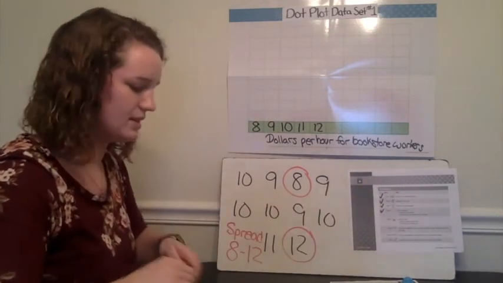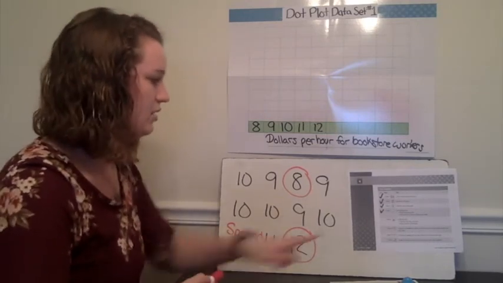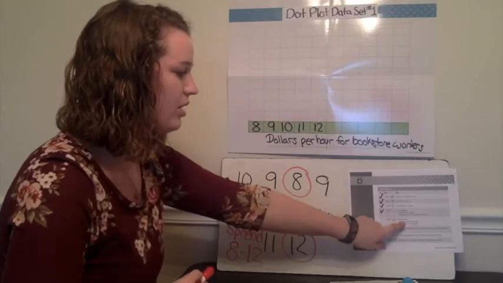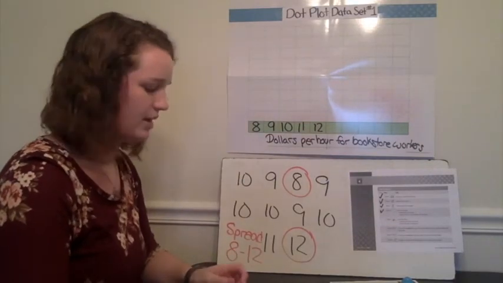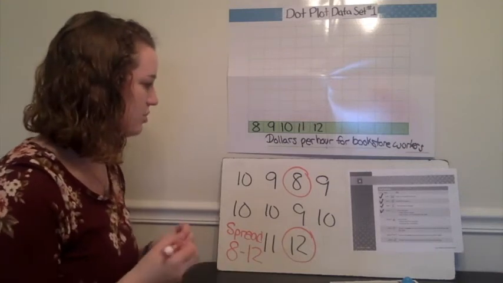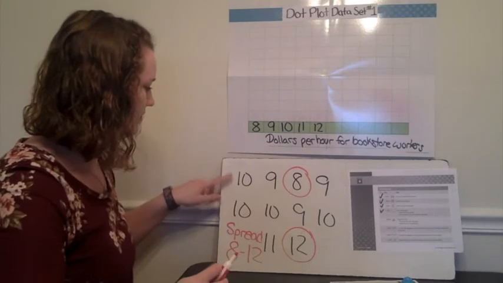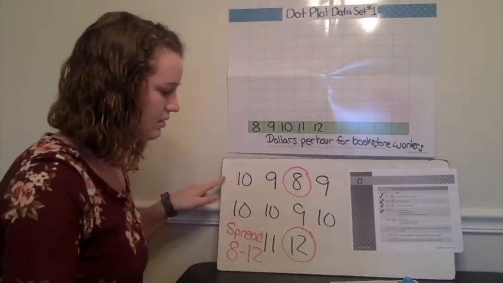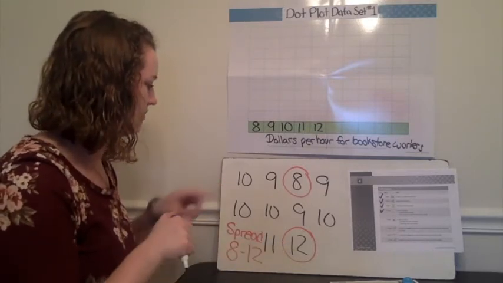Now we're on step 5. Now we have to graph the data. So here we're just going to be plotting the dots for our dot plot here. Okay? So let's plot our dots. So we're going to start in order with the first number in our data set. So we have a 10 here.